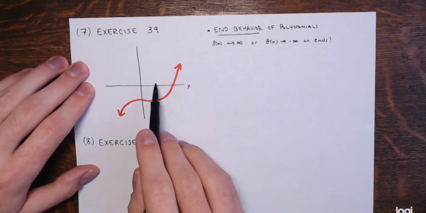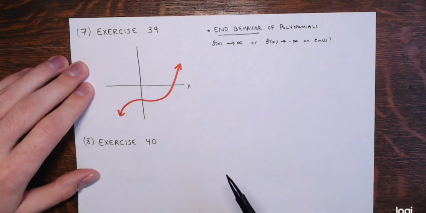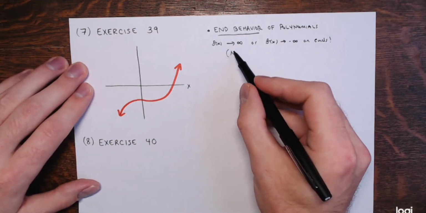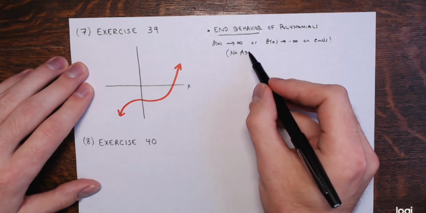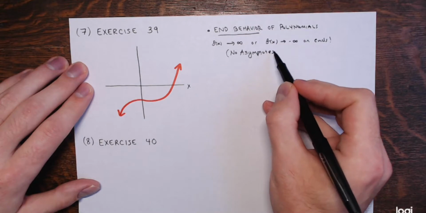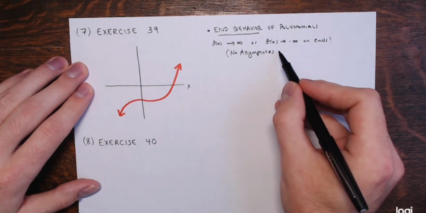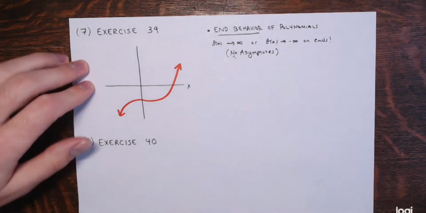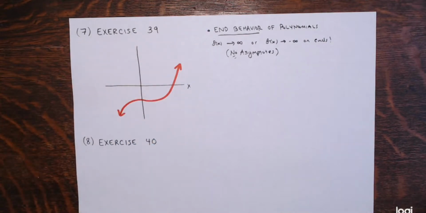So you're never going to see a horizontal asymptote. All this means is that there are no asymptotes for polynomials. The graph's going up forever or down forever on one end or the other. It's not approaching some horizontal line or some specific value.